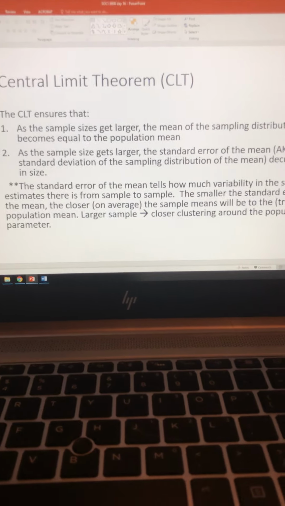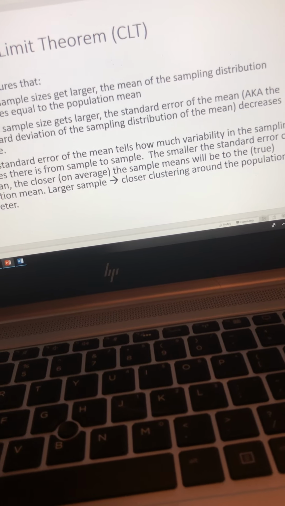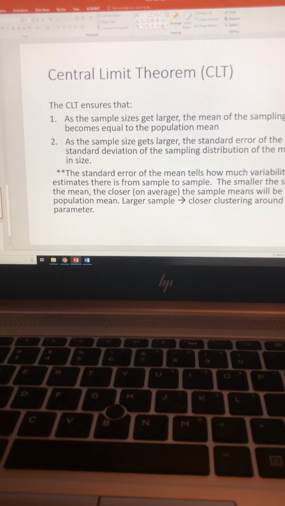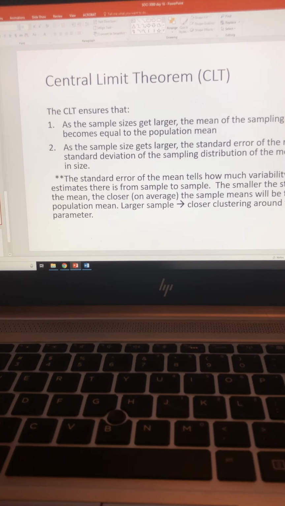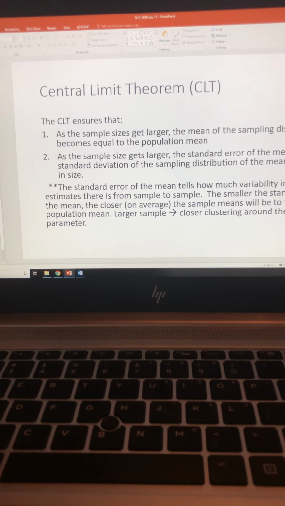What that equates to, back to the voting example that I used before, if candidate A was polling at 52%, plus or minus 3, and candidate B was polling at 52%, plus or minus 10.